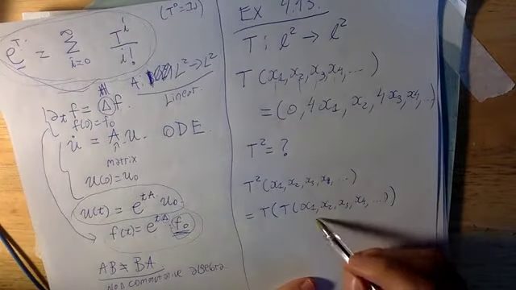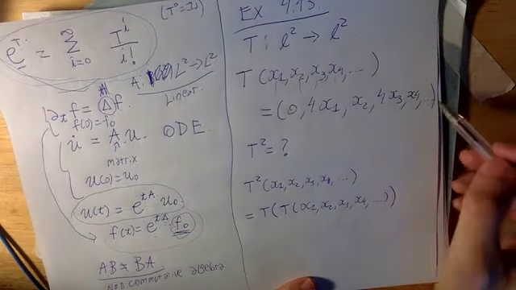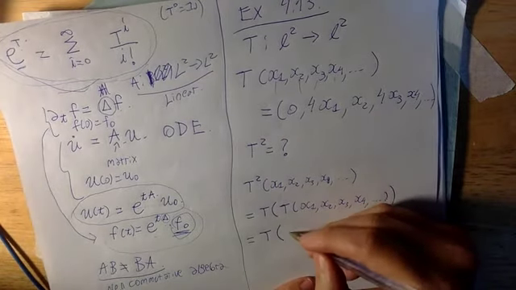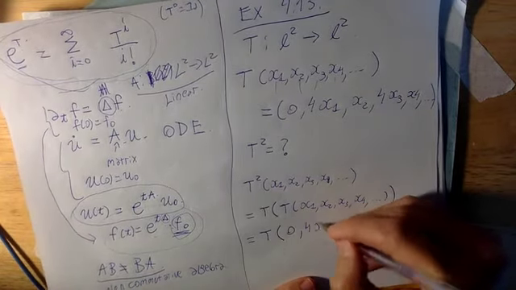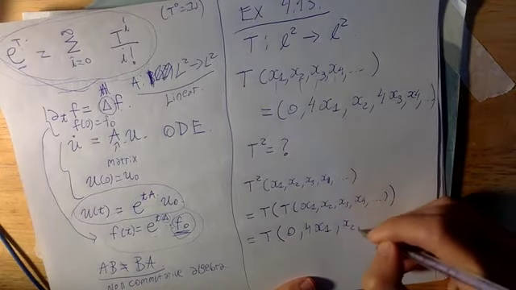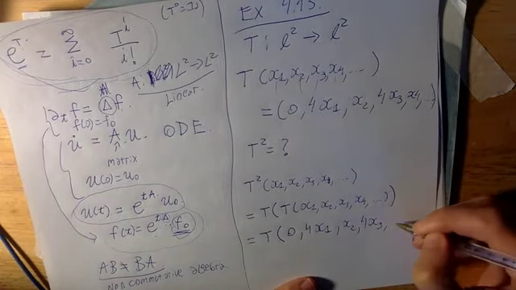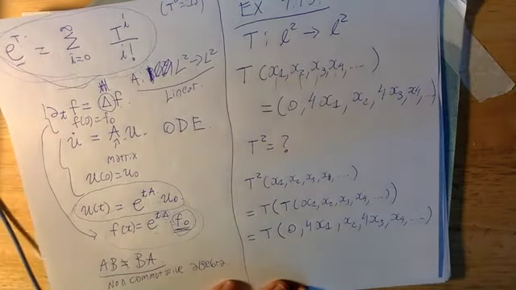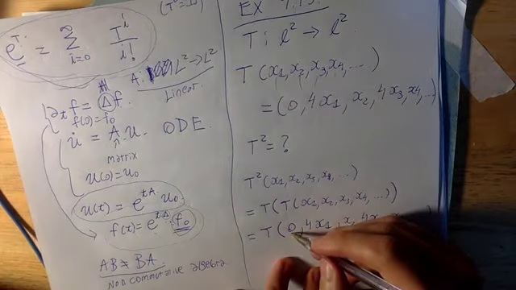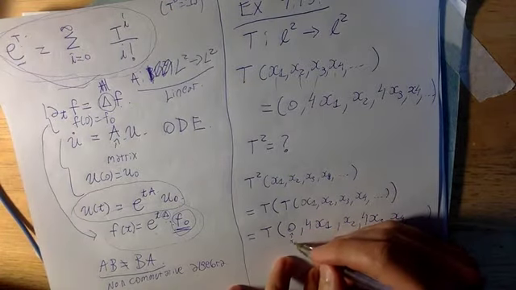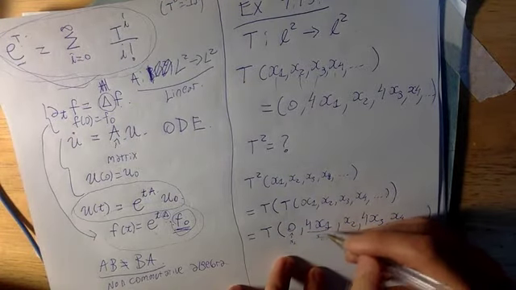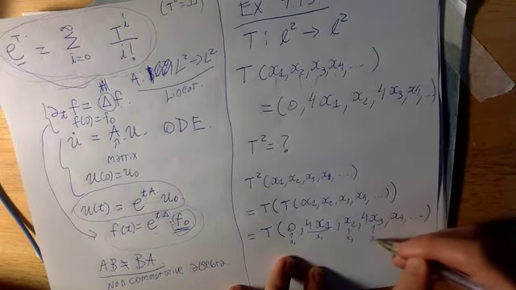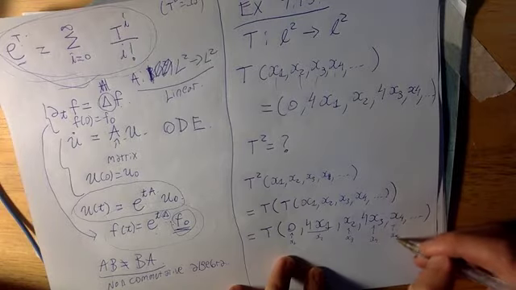But T of x1, x2, x3, x4, and so on is what I've written up there. So this is T applied to the vector 0, 4x1, x2, 4x3, x4, and so on. Now I need to consider this as my x1, this as my x2, this as my x3, this as my x4, and this as my x5.